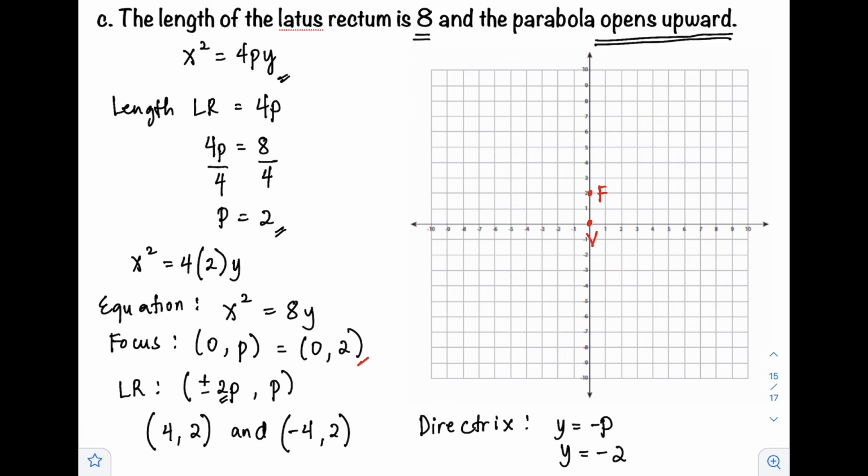Okay, followed by the latus rectum, which is 4, 2, and negative 4, 2. So, next is yung ating directrix, which is y equals negative 2. So, may directrix tayong horizontal. Okay? So, again, pag mag-i-sketch tayo ng parabola, make sure na dadaan yan dun sa ating latus rectum. So, our parabola opens upward.